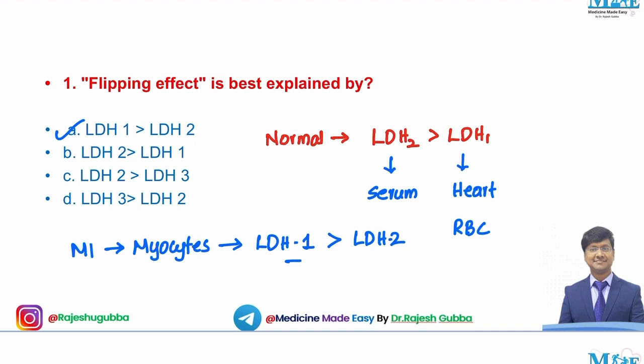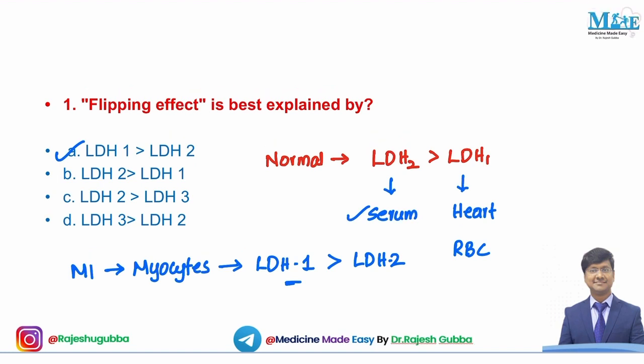Because more and more LDH1 will be released from the myocytes, the LDH1 value becomes much more than LDH2, which is present in the serum, and this is what is called the flipping effect. Now this LDH, that is lactate dehydrogenase, is currently used as a tumor marker in certain malignancies.